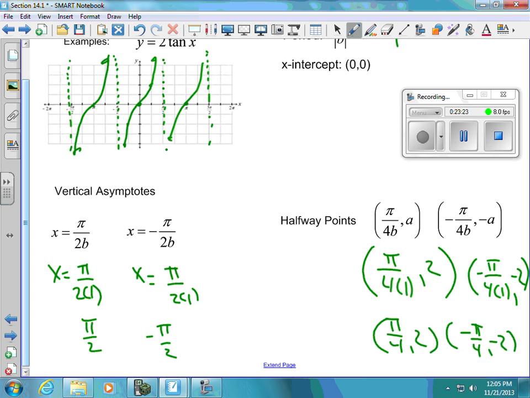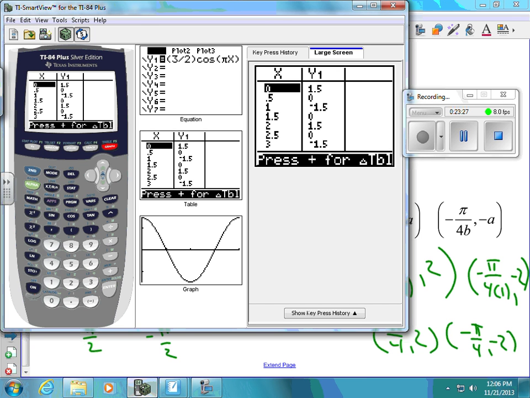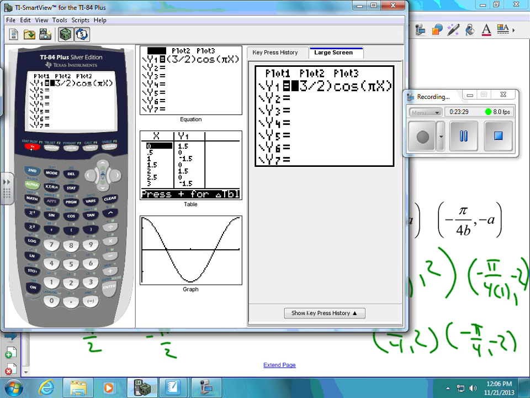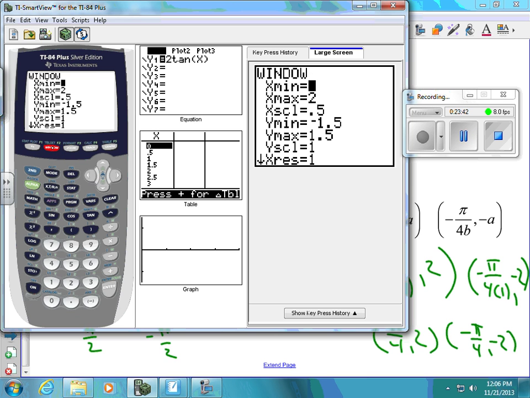Okay? Let's graph this on one interval on our graphing calculator. Let's set it up strategically here. Let's clear this out. 2 times the tangent of x. We want our intervals to be between our vertical asymptotes, so that's going to be a little different. In our window, we're going to go from negative pi over 2 to positive pi over 2.